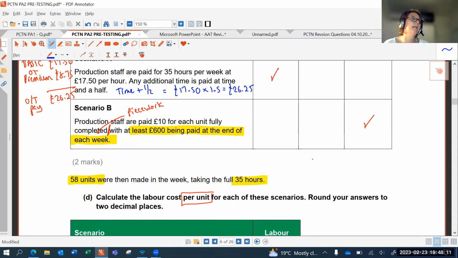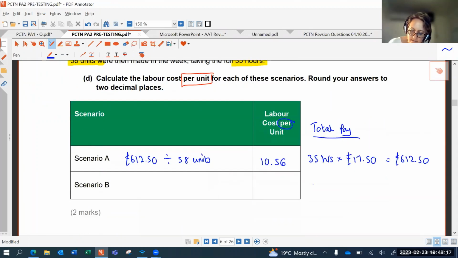Well done, Linda. Yeah, they're going to get paid £600. And the reason for that is because when I take the 58 units at £10 each, it only comes up to 580. And that's below that guaranteed minimum. So the guaranteed minimum now kicks in and our pay has to become 600 because they can't earn less than that.